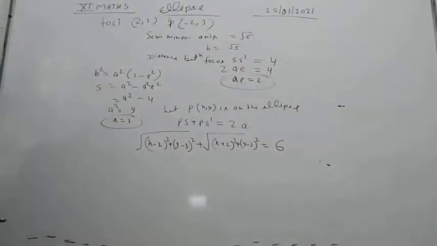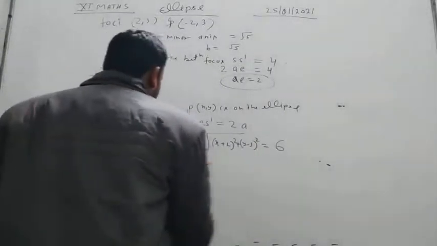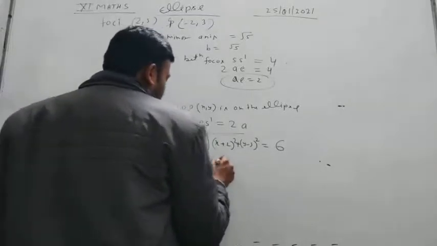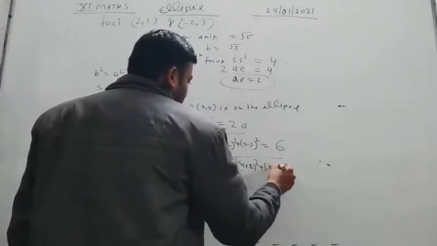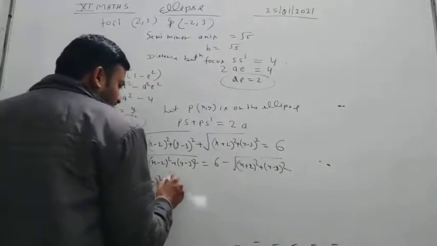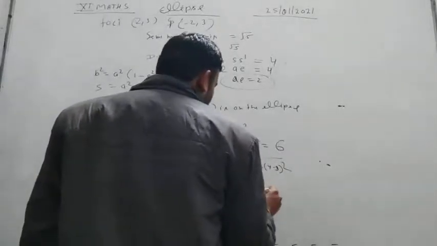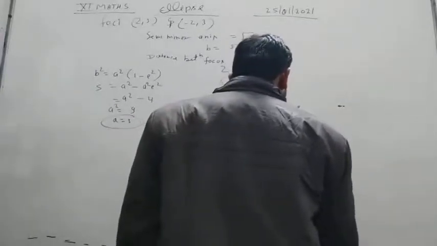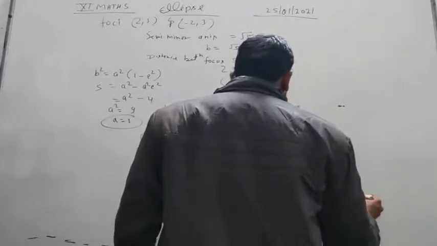Now we send this part to the right hand side. Write under root (x minus 2) whole square plus (y minus 3) whole square is equal to 6 minus under root (x plus 2) whole square plus (y minus 3) whole square. Now we square both sides, we get (x minus 2) whole square plus (y minus 3) whole square, that is 36 plus (x plus 2) whole square plus (y minus 3) whole square minus 12 under root (x plus 2) whole square plus (y minus 3) whole square.